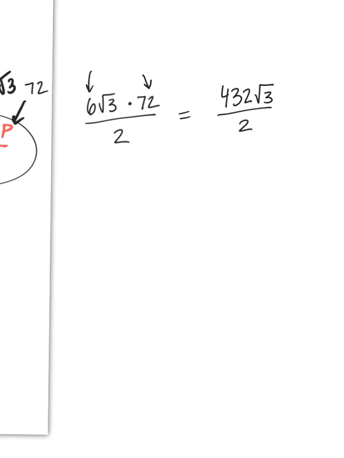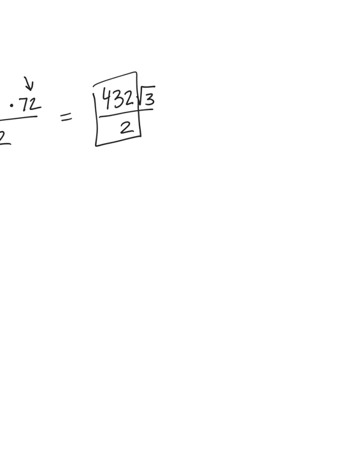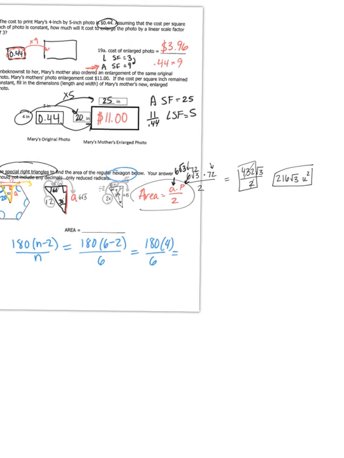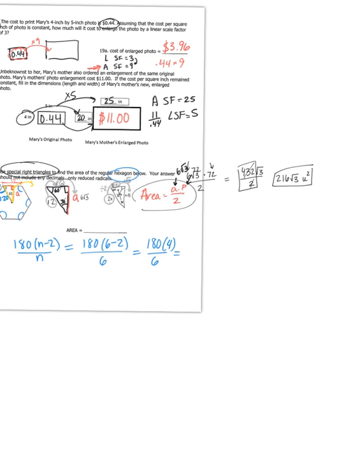We still haven't divided by 2 yet, but we are allowed to as long as we keep within like numbers. 432 divided by 2 gives me 216. Remember to keep that square root 3 with your answer, and we have found the area of this shape. Since I don't have any inches, centimeters, or meters, I'm just going to use the letter U for units. The area of this regular hexagon is 216 root 3 units squared.